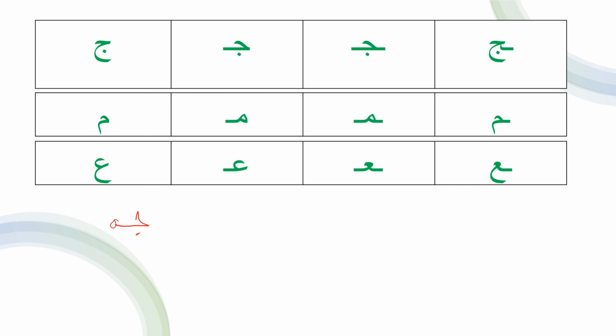And mim right there, and then ain. So we're going to put the Damma here since this is what the word is. So this word is pronounced jumi'ah. And where is the Damma we're talking about? Right here on the jim. Damma. Jumi'ah.